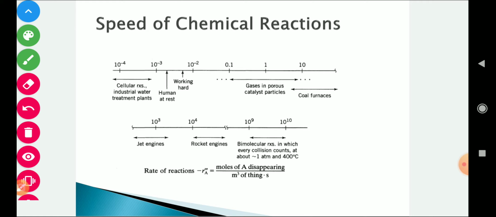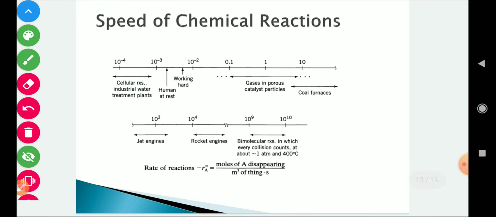Now, the speed of chemical reactions. The speed of chemical reactions defines how fast a reaction is. The reaction can be very fast or very slow. So this is an example where some reactions are very fast, and on the other hand some reactions are very slow. For example, cellular reactions and reactions in an industrial water treatment plant are very slow reactions.